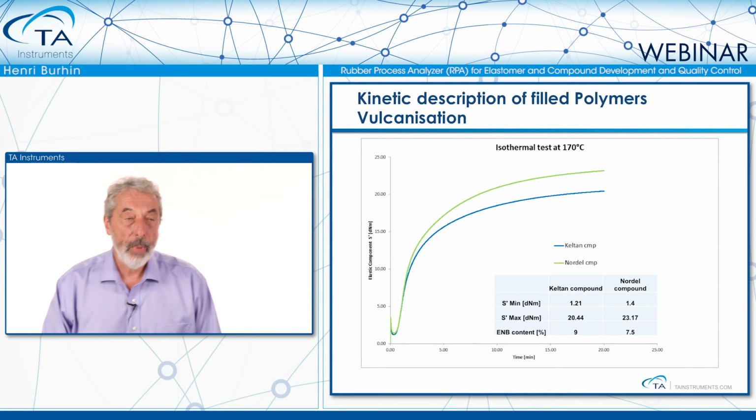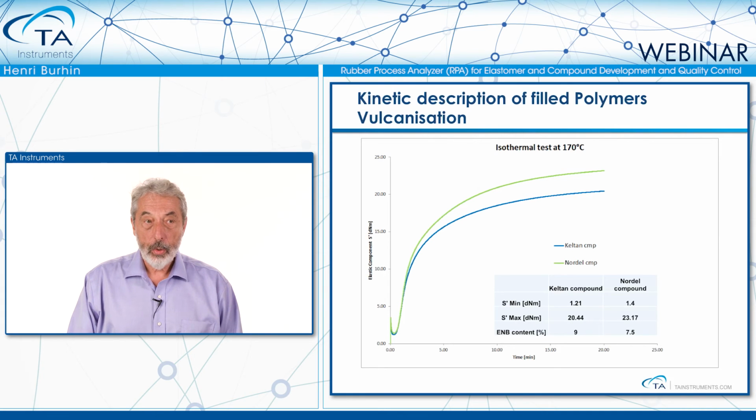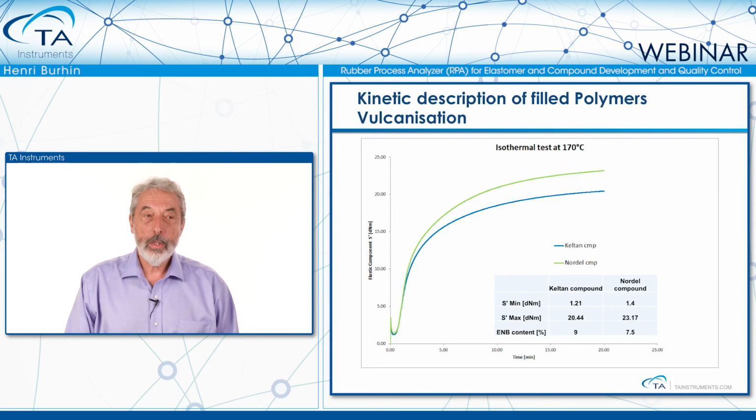Now, when we take the two compounds here, we do a cure test and we see that the Nordel is giving a much higher maximum torque on the cure curve. This is quite surprising because the Nordel actually has a lower ENB value.